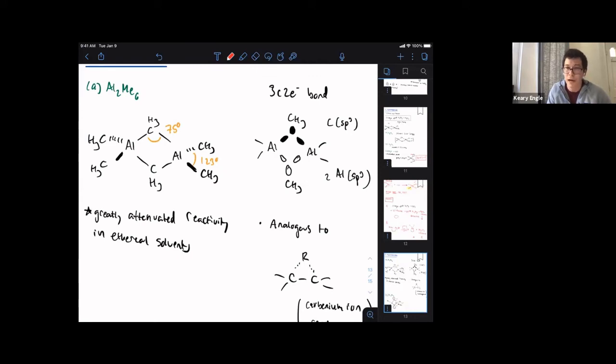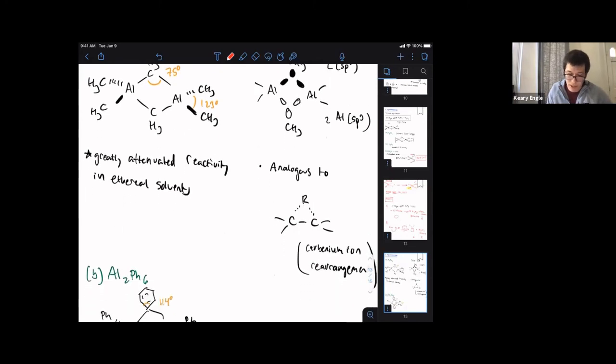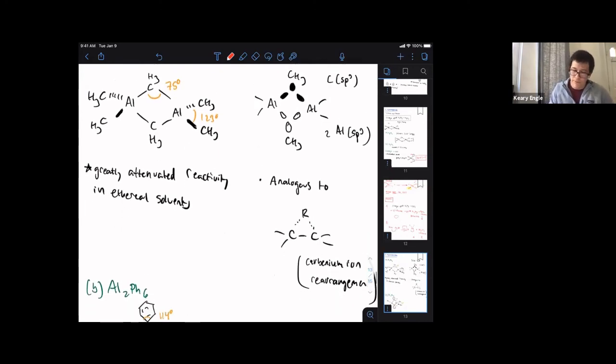You see distortion around the tetrahedral carbon, as well as distortion around the aluminum center. And these are examples of 3-center 2-electron bonds. I've drawn a quasi-MO diagram here to show you what the bonding picture looks like with sp3 hybridization of both carbon and aluminum.